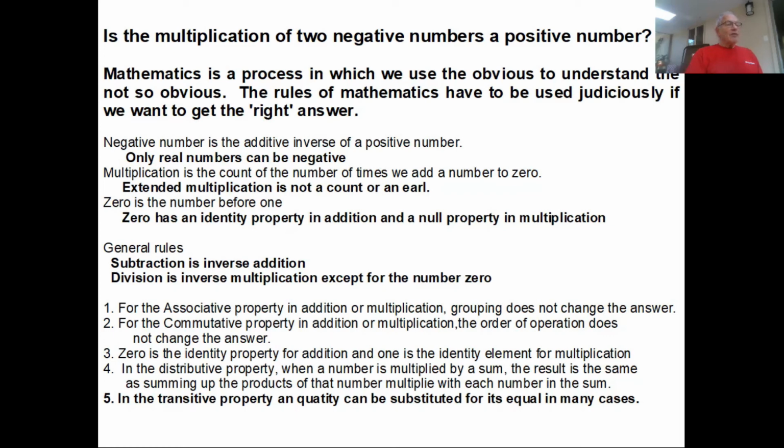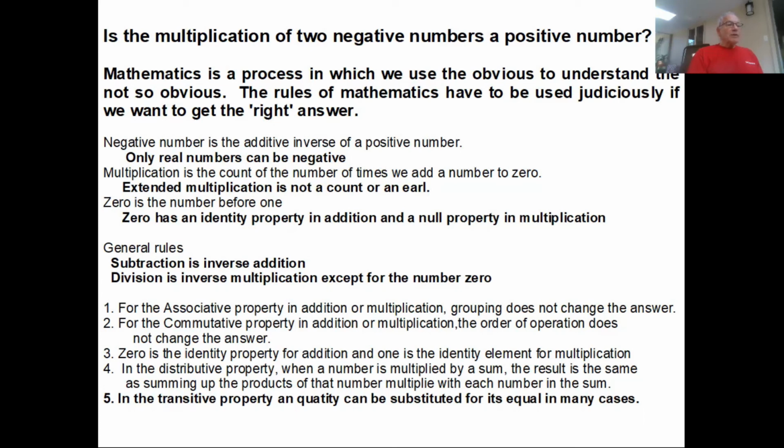0 is the number before 1. 0 has the identity property in addition and a null property in multiplication. You'll notice that we had to qualify each one of these statements that are going to be important to us. For the general rules, we have subtraction is inverse addition, so we can check subtraction by reversing the process.